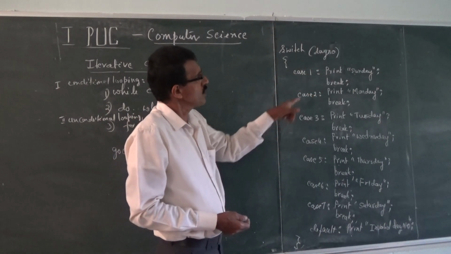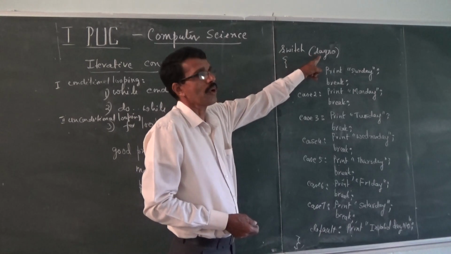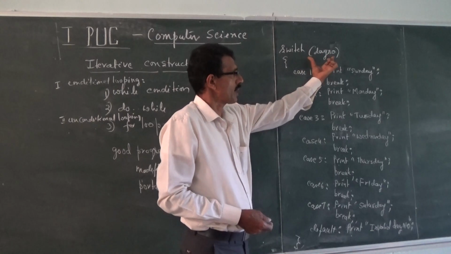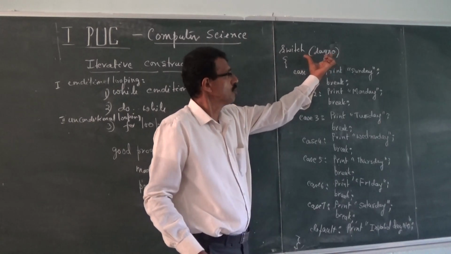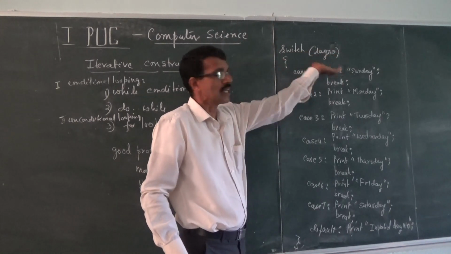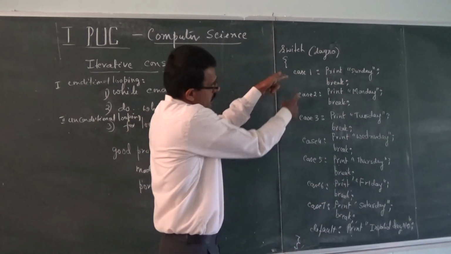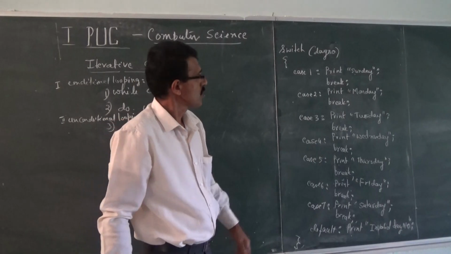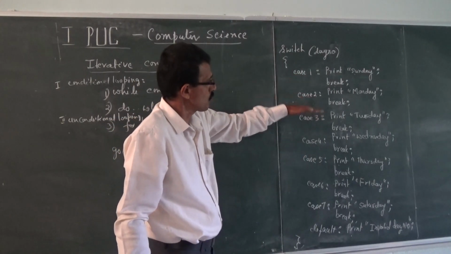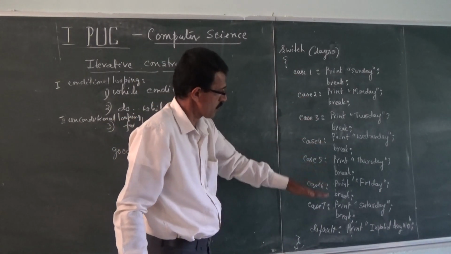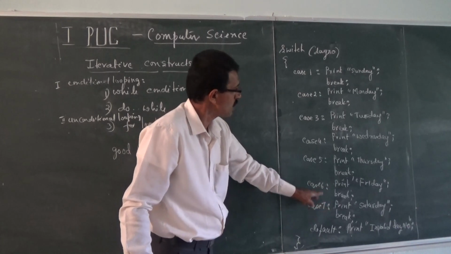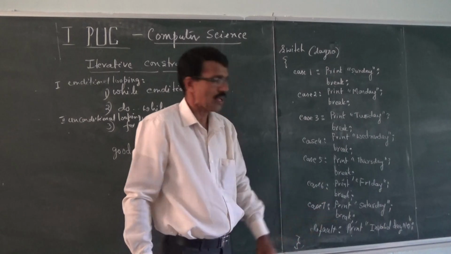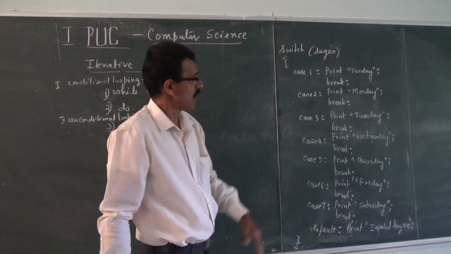Here, what value you have given for day number, what condition or what expression is there, matters. Based on the value given to this expression, any one of the case labels is marked for execution. So case 1, case 2, case 3, case 4, case 5, case 6, case 7, all these are case labels. 1, 2, 3, 4, 5, 6, 7 are labels.